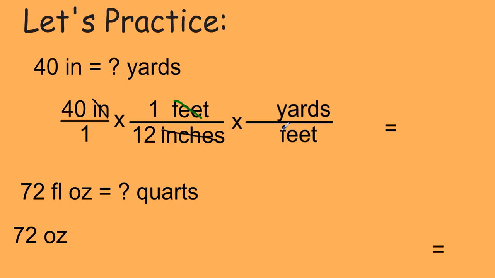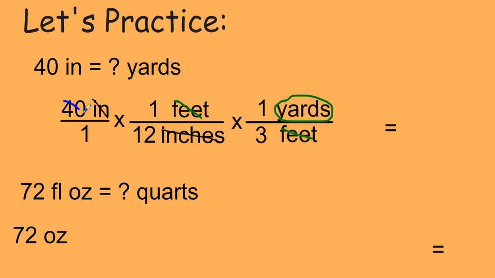Feet will cancel out, leaving us with yards. Now, whenever we put the equivalent form, 1 yard is equal to 3 feet. At this time, we can actually cross cancel just like when you're multiplying fractions.